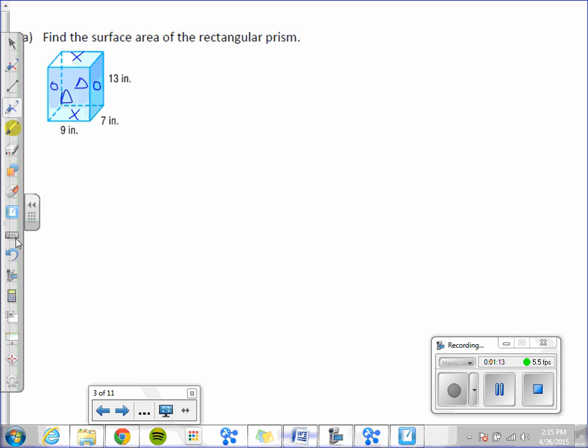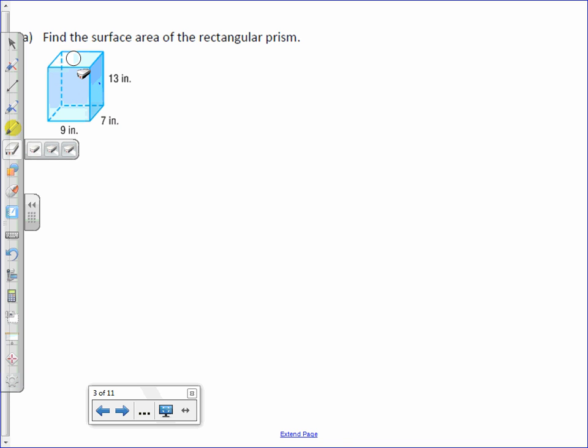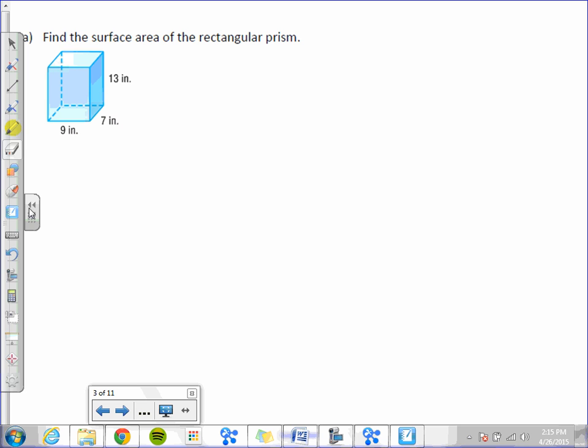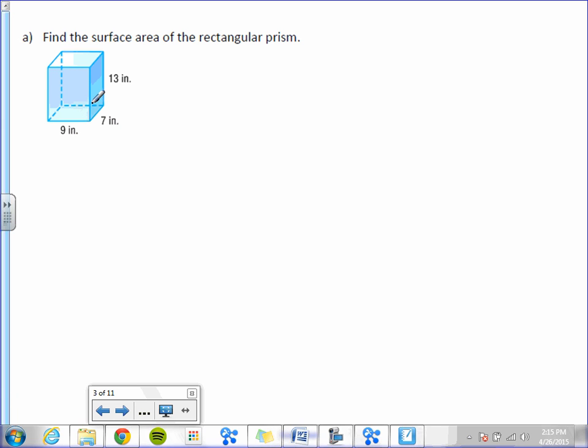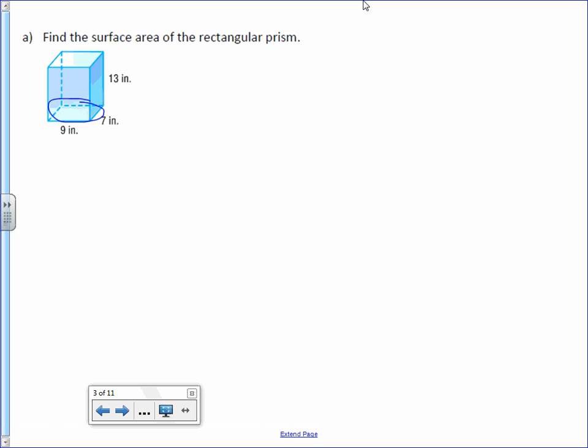Now, if we are looking at the length and width and height of this prism, the length and width specifically refers to the base. So the length of the prism we would consider to be 9, the width we'd consider to be 7, and the height would be 13. It's the height of the prism. When we use our surface area formula, it doesn't matter what order we add them in.